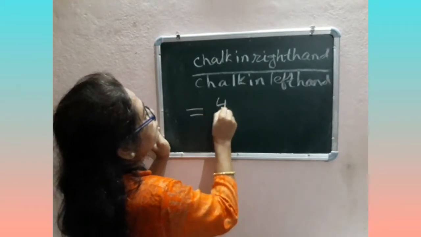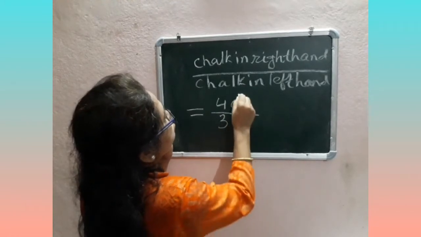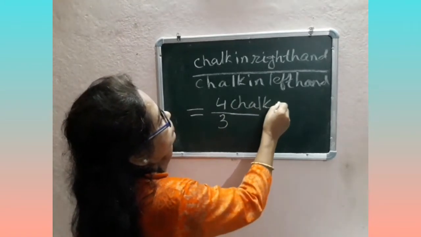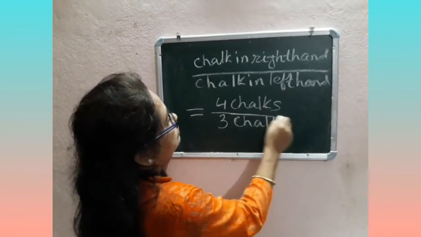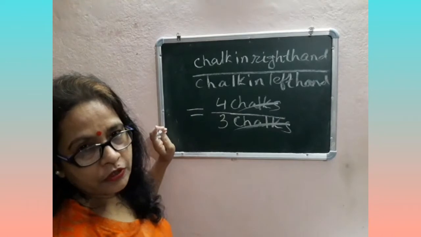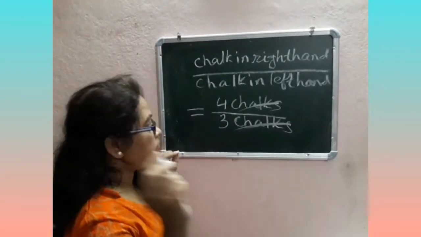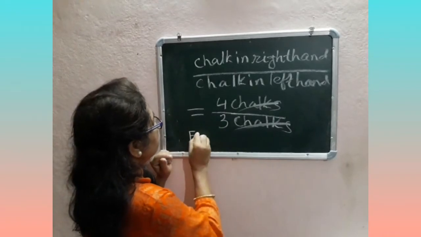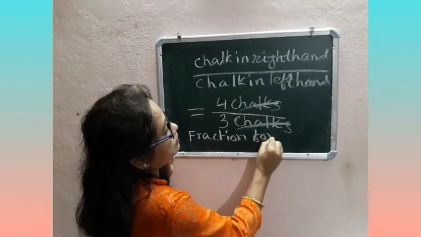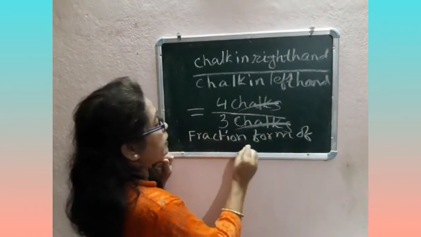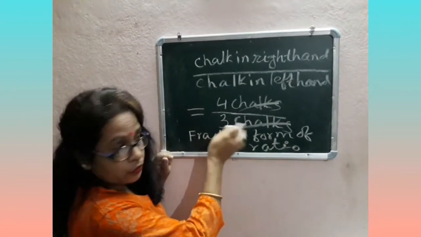Right hand 4 chalks and left hand 3 chalks. Chalks cut. This is the fraction form of a ratio. Ratio has no units.